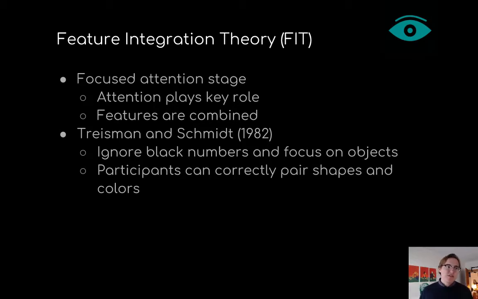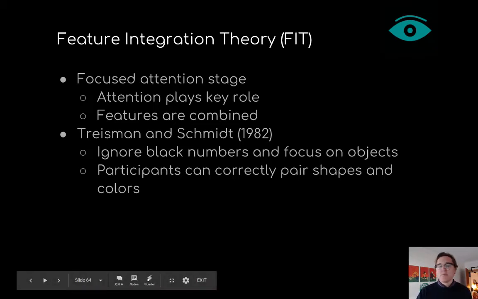This is a demonstration that rather than looking at all the simplistic components of the stimulus, participants by default bound those components together. They would also ignore or be inattentive to the numbers because they aren't as similar to the shapes and colors in the center of the field. They can, however, correctly pair shapes and colors.